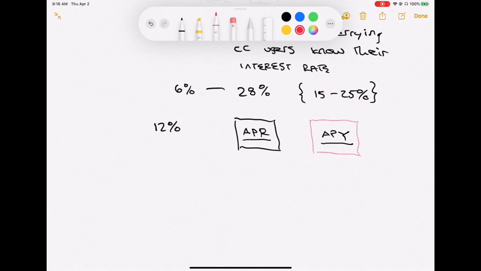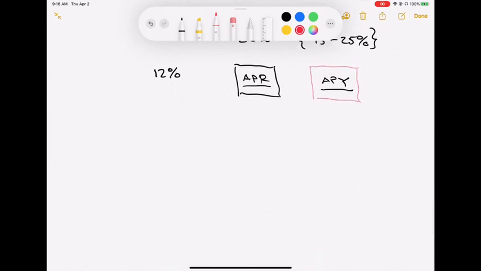So let's take a few minutes and make sure that we understand this difference between APR and APY. I'm going to start out with APR. A typical credit card expresses its rates in terms of APR, annual percent rate, and we're going to work with this value of 12%. This is a credit card that's operating in the typical way credit cards do, which means that interest is going to be calculated monthly and payments are expected monthly.